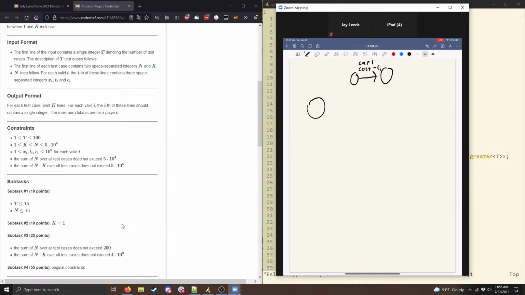And I'm going to have a structure like this for every pair of nodes, and I'm going to have edges with infinite cap and 0 cost from the source to each of these nodes, and from each of these nodes to the sink.